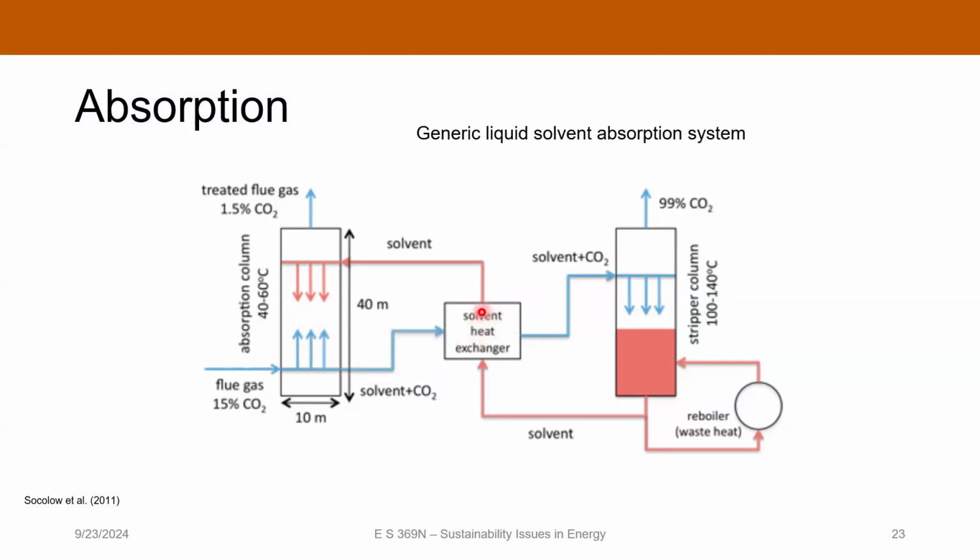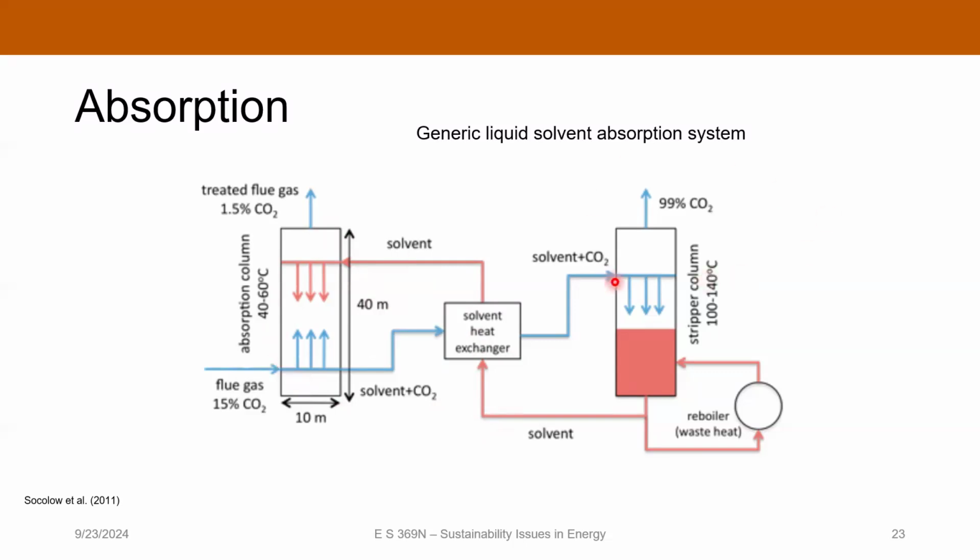And then it goes through a heat exchanger where it's exchanged with hot solvent that's come out of the stripper column here. When you desorb the CO2, that is an exothermic process. The stripper column will be heated up, and you'll have a hot solvent come out of here and come back to the absorption column. So there's a heat exchange process associated with this as well.